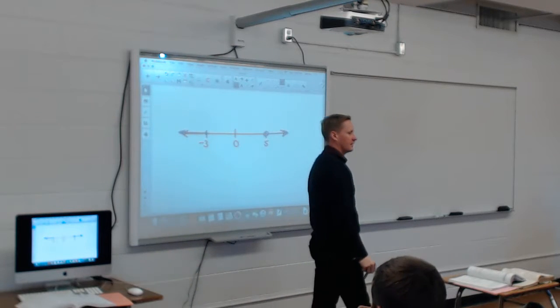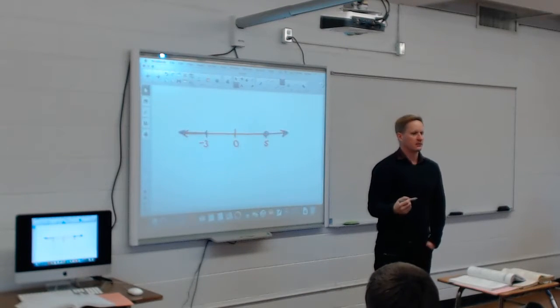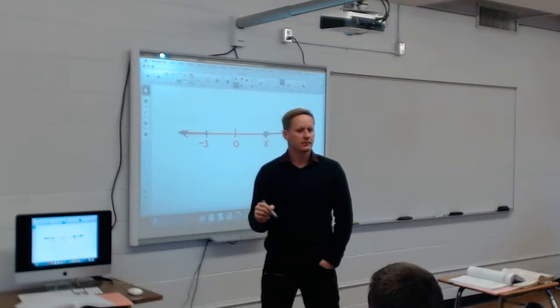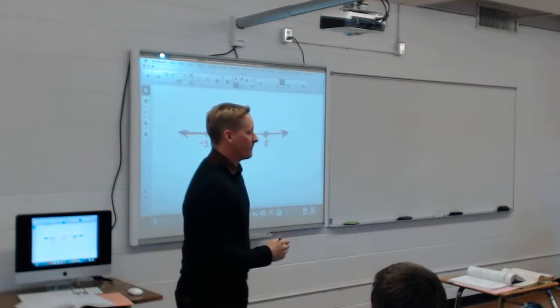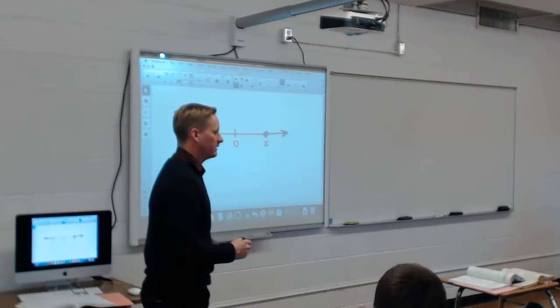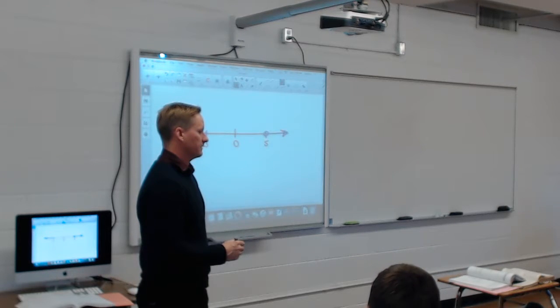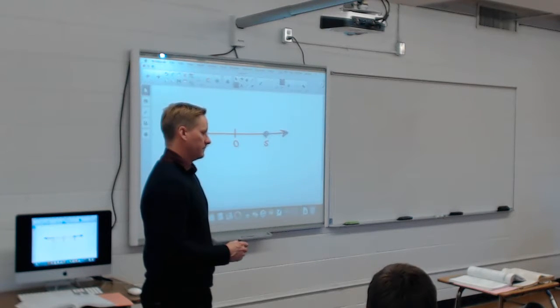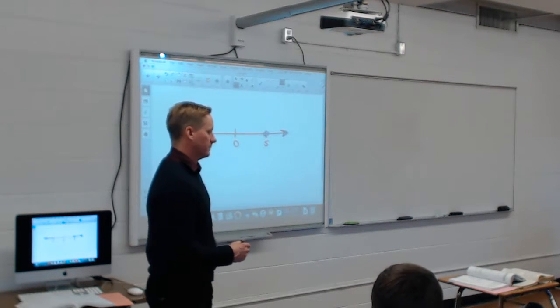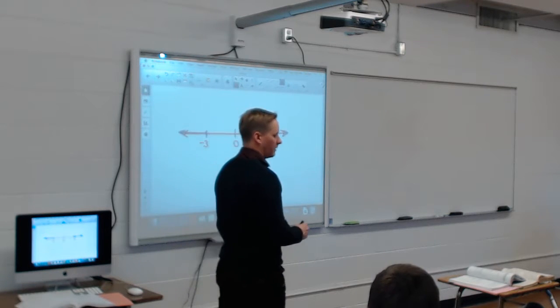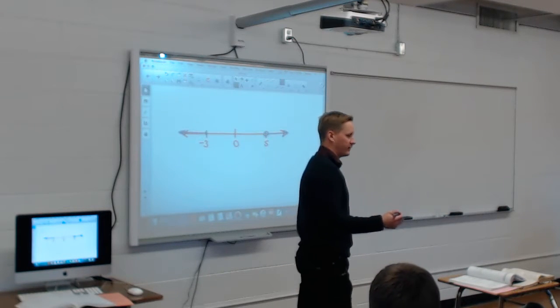Okay. So in words, describe to me this graph. Kelsey? Would it be -3, including -3, all values less than or equal to -3?